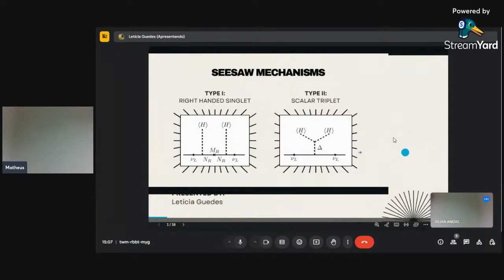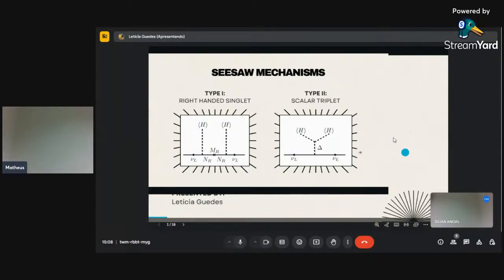Pretend that this is special. Here you have the H, the Higgs, and here the left-handed neutrinos. And here you have a Yukawa coupling.